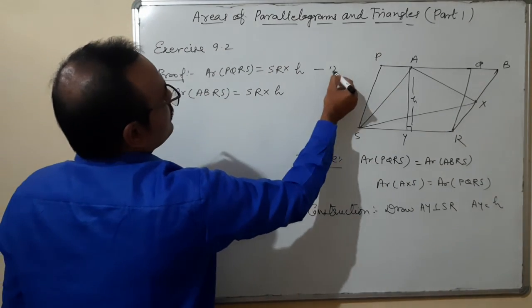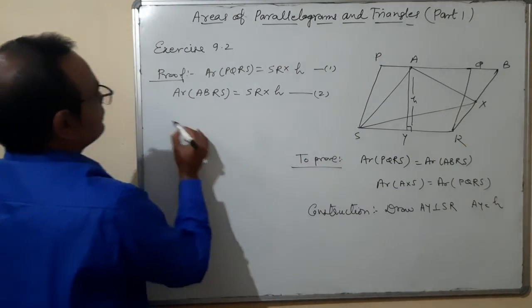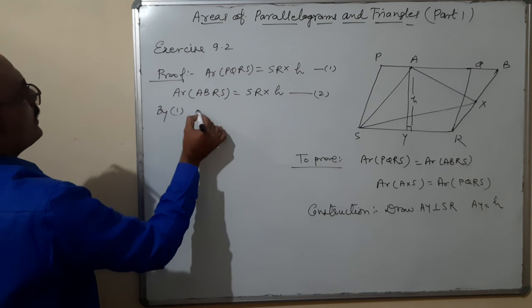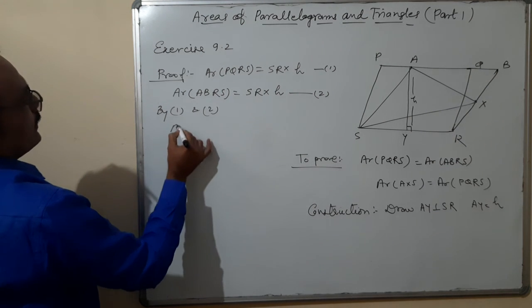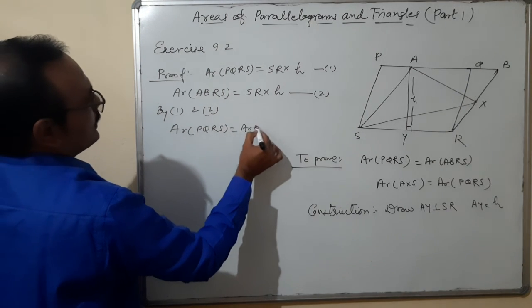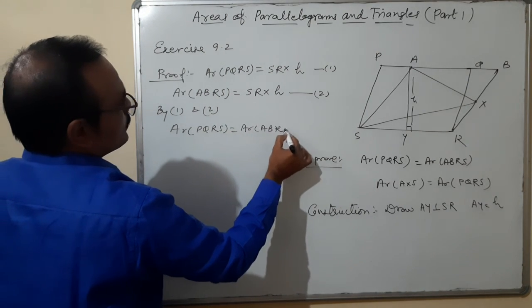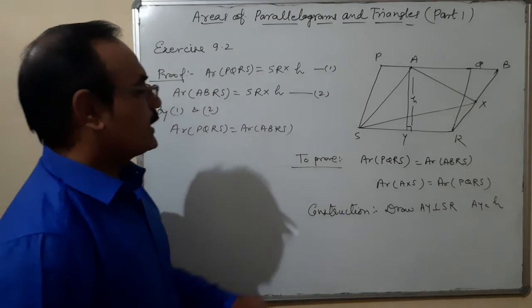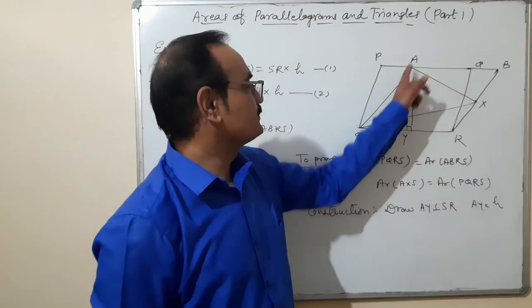So by 1 and 2, area of PQRS is equal to area of ABRS. One is proved.